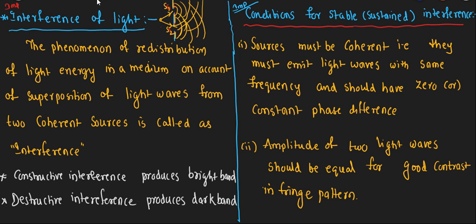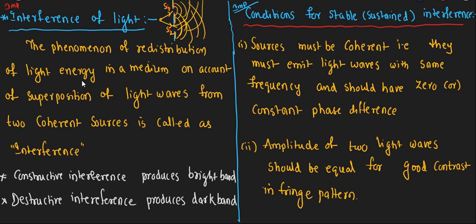Due to the superposition, based on the type of superposition, either constructive or destructive, the effect will be there. At one place where the destructive superposition occurs, the brightness decreases, the energy decreases. At other places where the constructive superposition occurs, the brightness increases. Like that, light energy is redistributed.